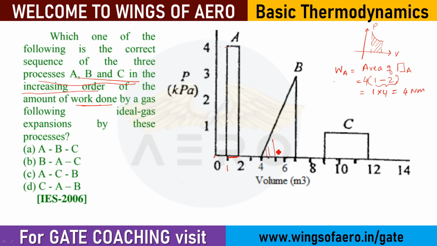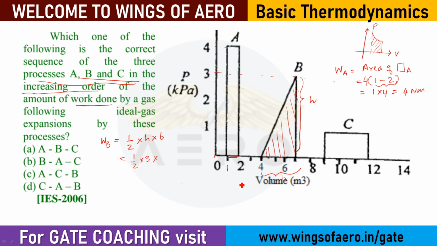I have to find the area of this triangle. It is forming something like a triangle. So to find WB, what is the area of a triangle? Half into height into base. This is my base, and if this is the height, what is the height? 3.